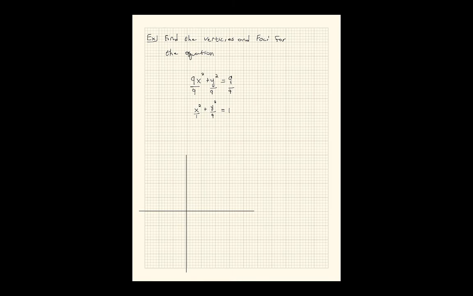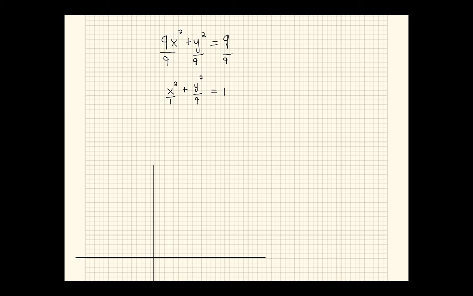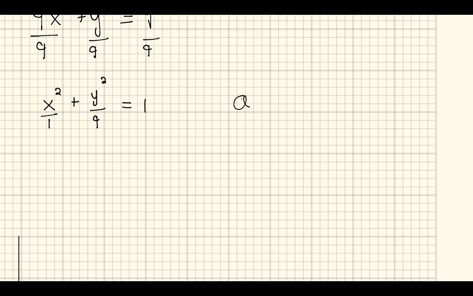If this is 9, that's b squared technically. Well, I'm saying b, it should be a, because a is always the greater number. If this is 9, then 9 is a squared, which means a should actually be 3.